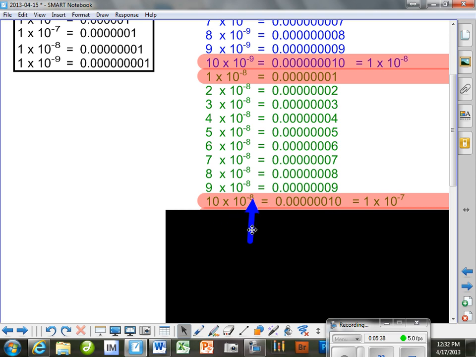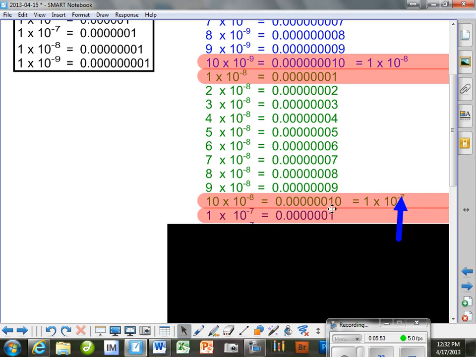So now our 10, see, here's the 10. So the 10 times 10 to the minus 8 is going to wind up being 1 times 10 to the minus 7, because we now have this last digit one column over.